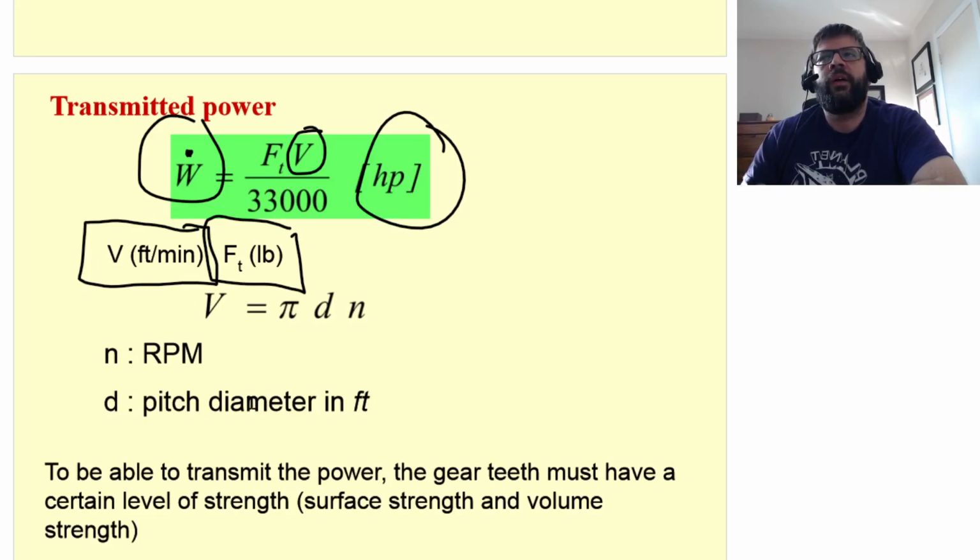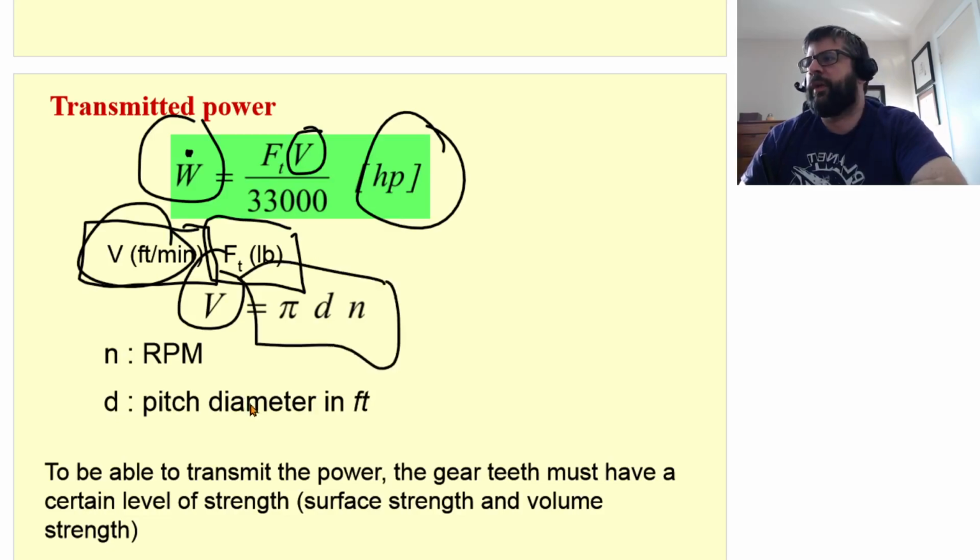Because again, 1 horsepower is equal to 550 foot-pounds per second, so multiply that by 60 for a minute if we've got our V in minutes. As for calculating the velocity V, pi times the diameter times the rotational speed in RPM will give us the V in terms of feet per minute.